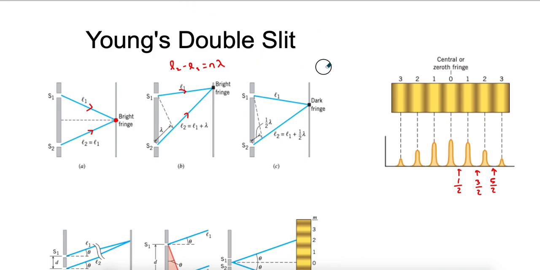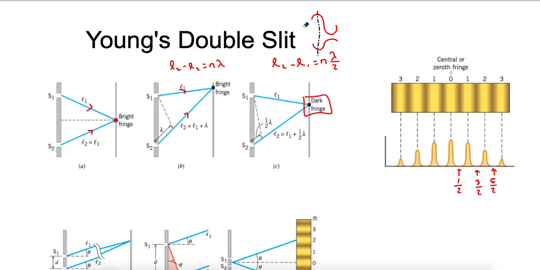And so the same applies if we want to go ahead and find a dark fringe. You're going to want this difference to be some number times half the wave, right? You want half a wave in between. So if you have a crest, then you're going to want a trough to line up, and vice versa.